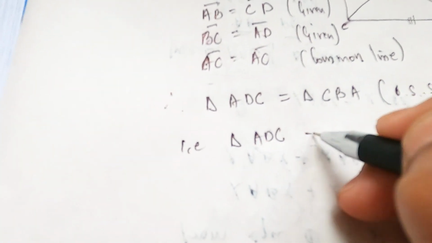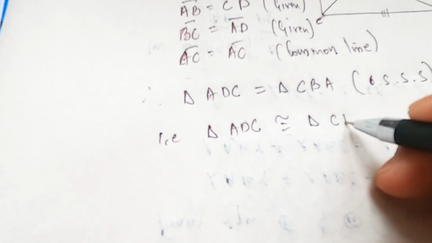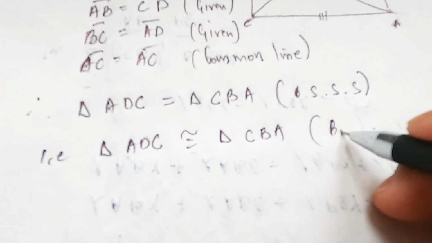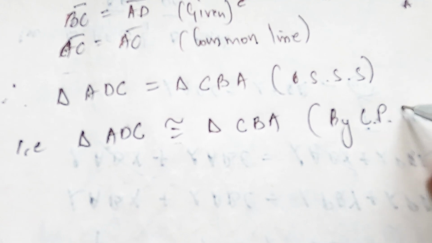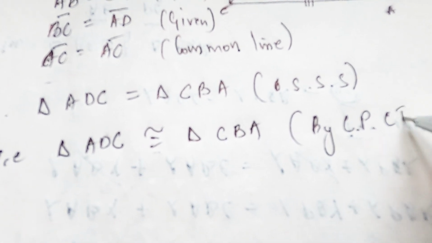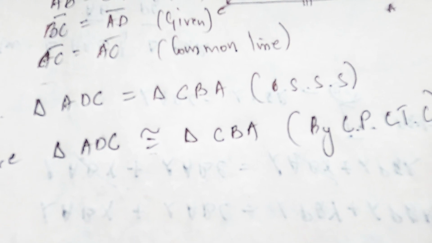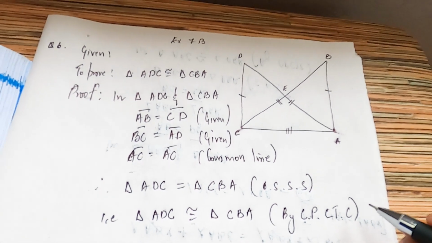All right, by corresponding parts of congruent triangles are congruent. All right, so this will be your answer.